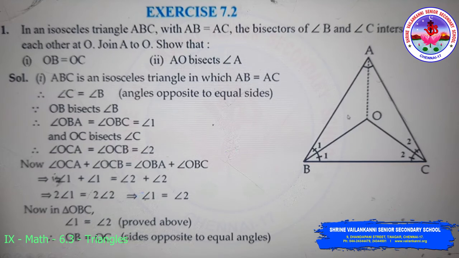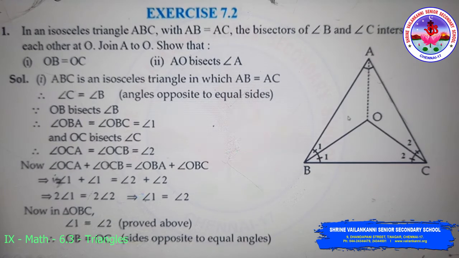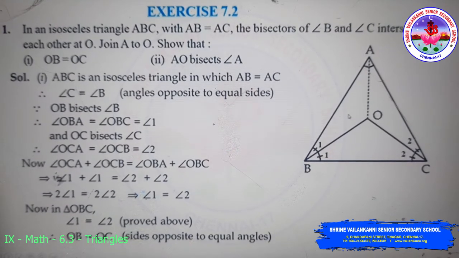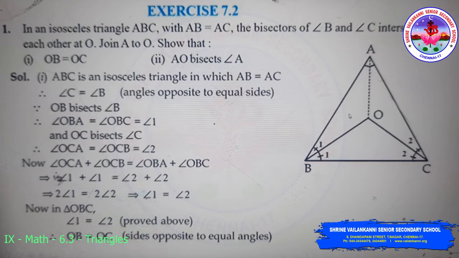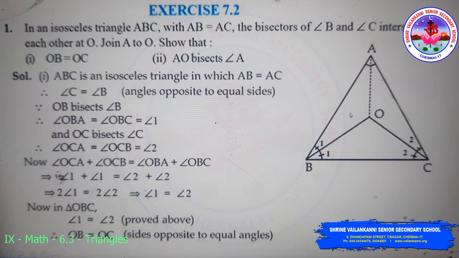So I am going to use the previous theorem, where angles opposite to equal sides are equal. Since AB is equal to AC, the opposite angles, angle B and angle C, are equal to each other.